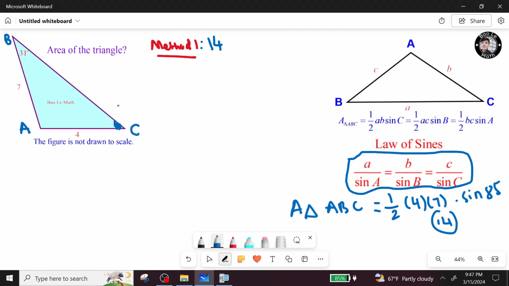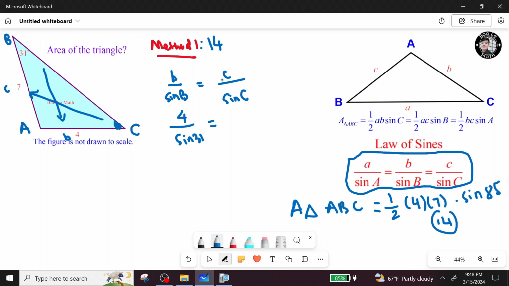So we apply the formula right here. C is opposite to this one, this is little c. B is opposite to this one, this is little b. So we have little b over sine angle B equals little c over sine angle C. Little b equals 4, so I substitute 4 over sine 31, equals little c, which equals 7, over sine of angle C. Now we just cross multiply.